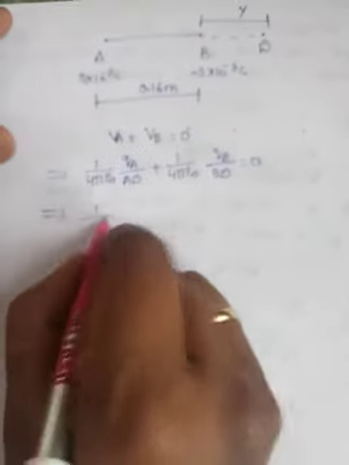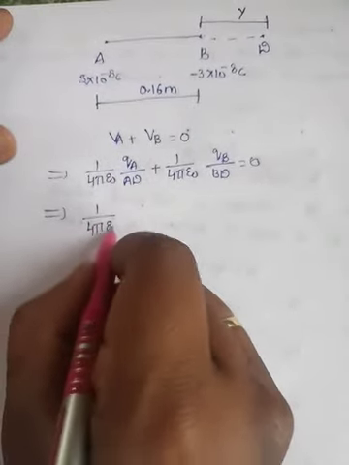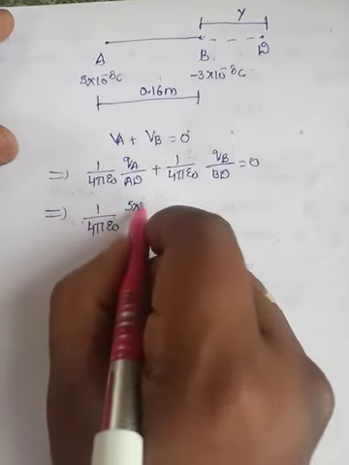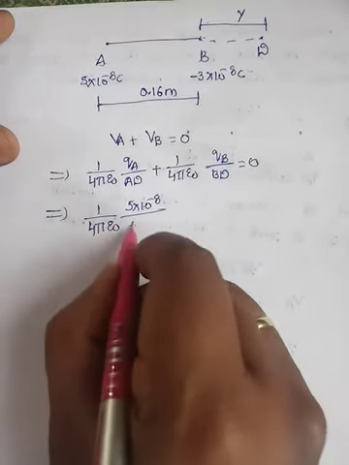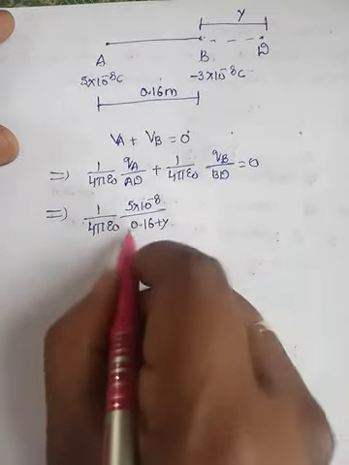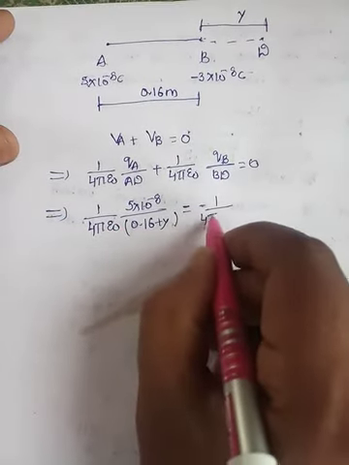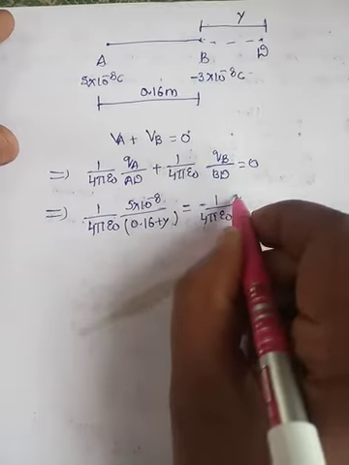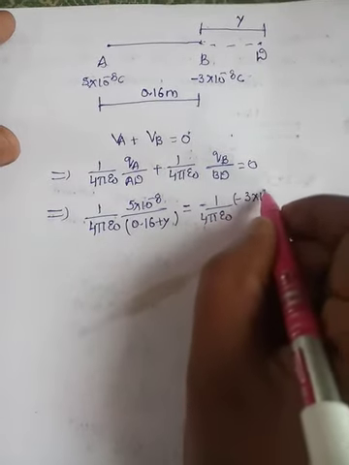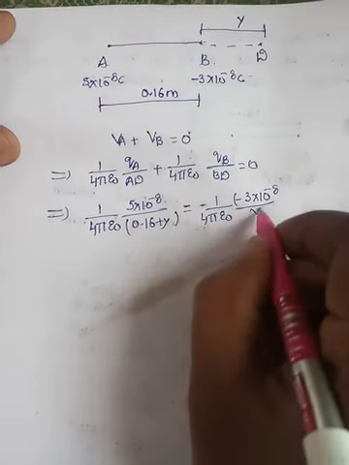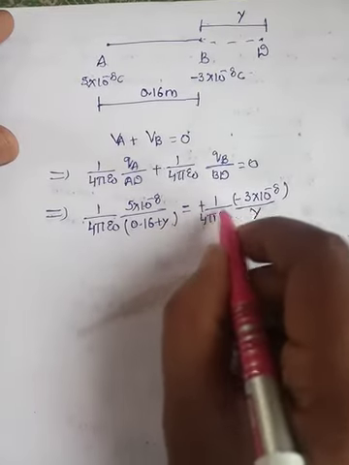That implies 1 by 4 pi epsilon naught into 5 into 10 raised to minus 8 by 0.16 plus y is equal to minus 1 by 4 pi epsilon naught, this is also minus, by y, right? Minus into minus becomes plus.